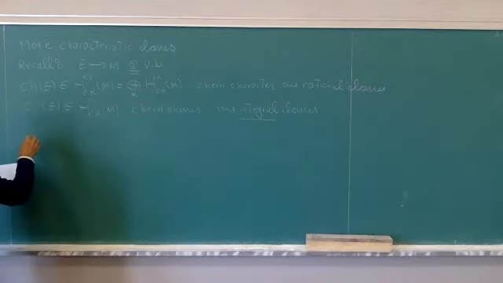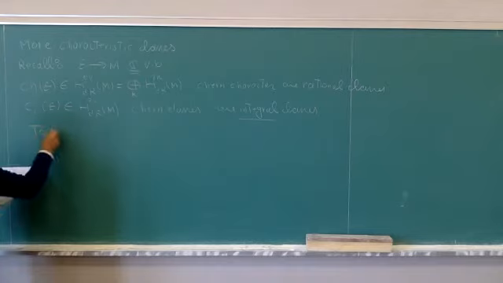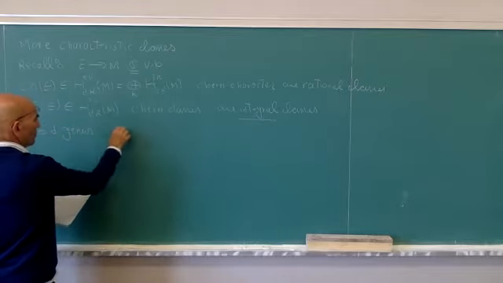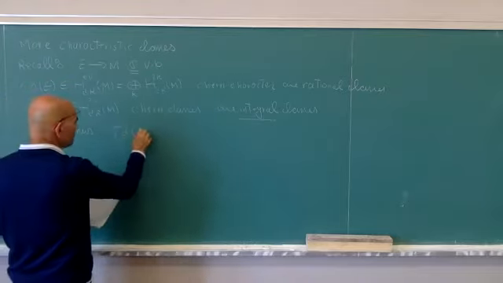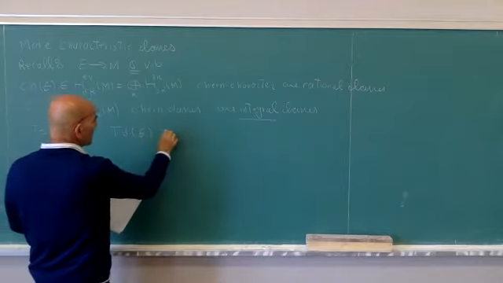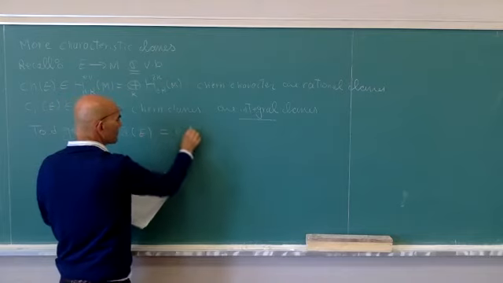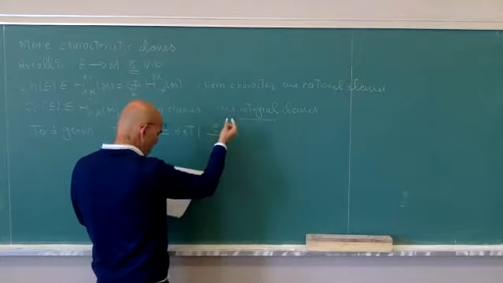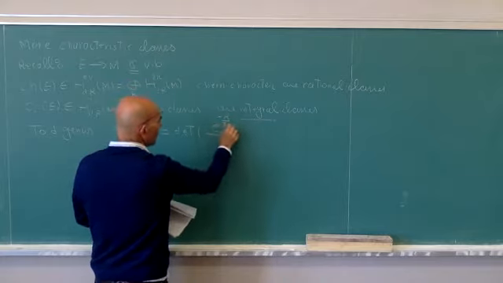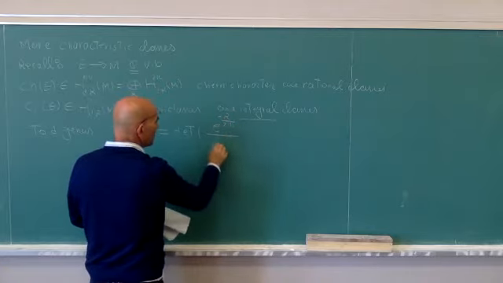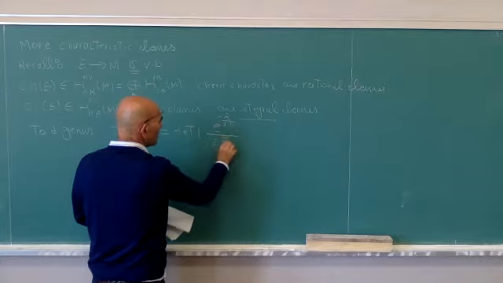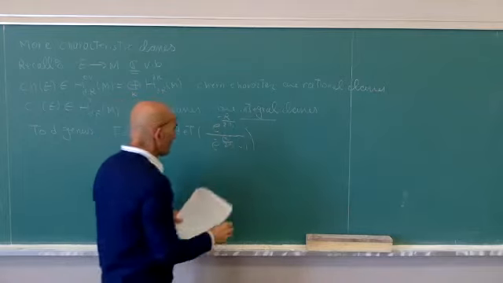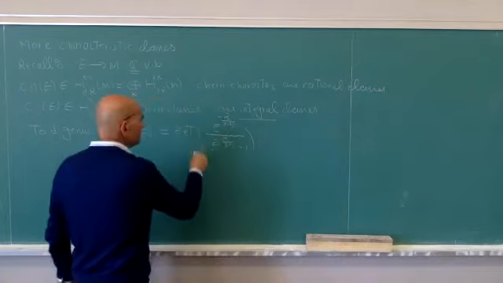We also defined the Todd genus. My notation was Todd of E. This was defined as, you remember, the determinant of e to the minus R over 2 pi i, divided by e to the minus R over 2 pi i minus 1.